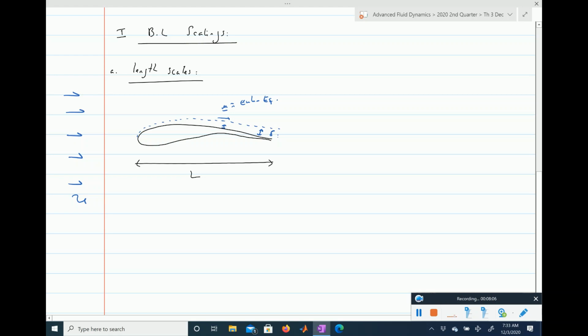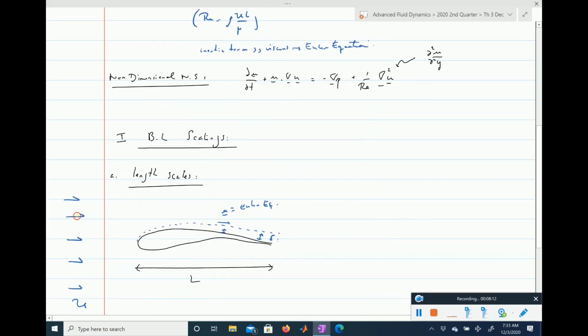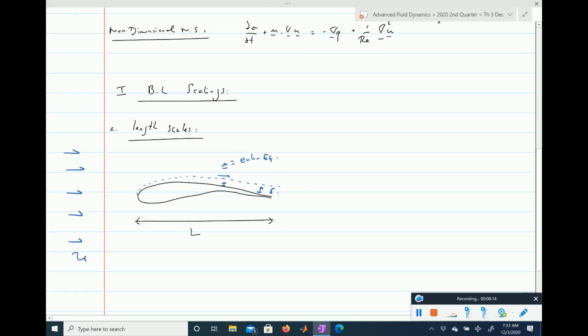The idea is that outside of this boundary layer, the effects of viscosity are going to be negligible, and therefore outside of the boundary layer, we are justified in assuming the flow to be governed by Euler's equation.